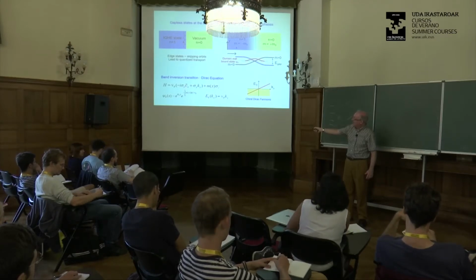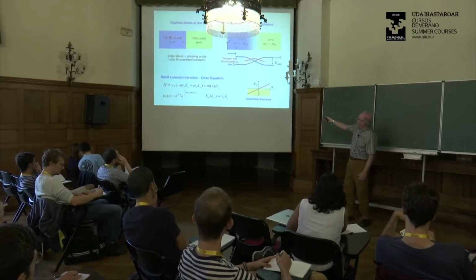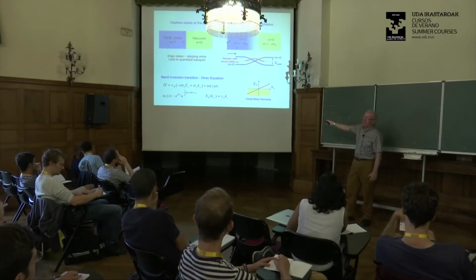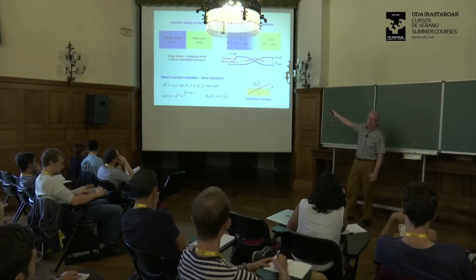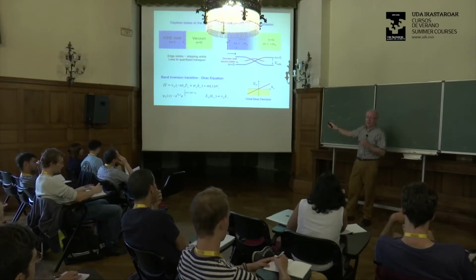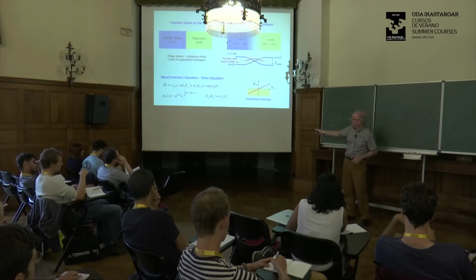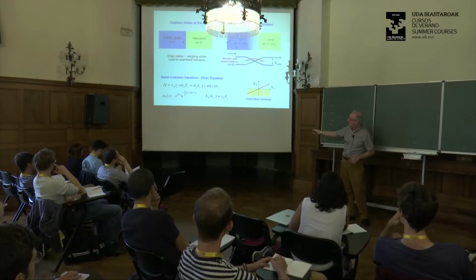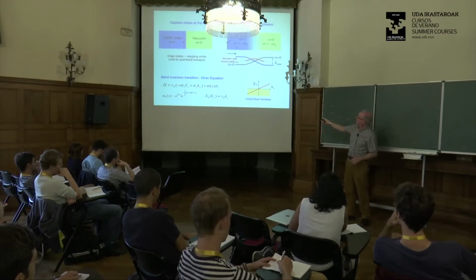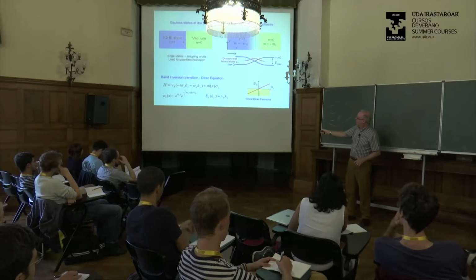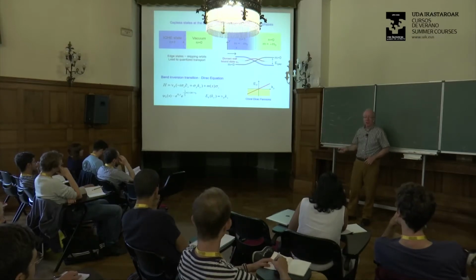Okay. Now ky, if y is this direction, I still have translation symmetry in the y direction, so I can choose my states to be eigenstates of ky. So I'll leave this ky here. And then, as a function of x, what I want to imagine is that the mass changes sign.